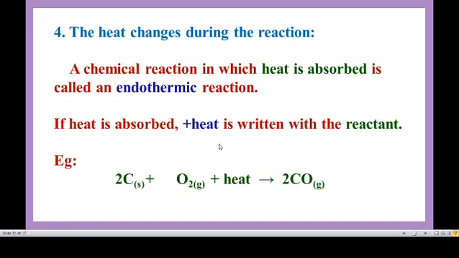And if heat is absorbed during a chemical reaction, it is an endothermic reaction. Here we add plus heat on the reactant side, because heat is absorbed by the reactants. So heat changes are indicated with the symbol plus heat. If it is an exothermic reaction, it should be noted on the product side. If it is an endothermic reaction, it should be noted on the reactant side.